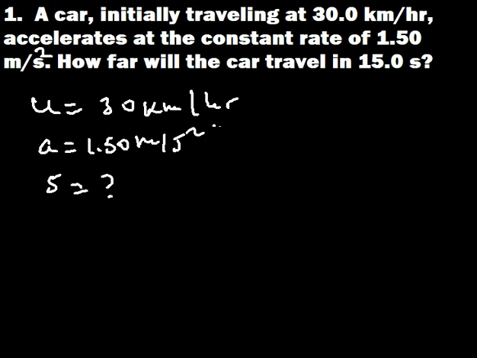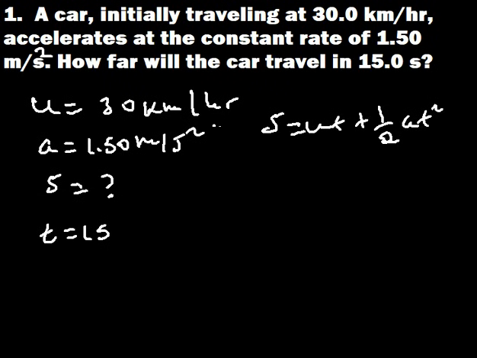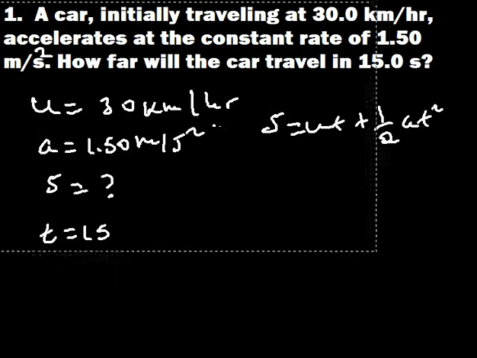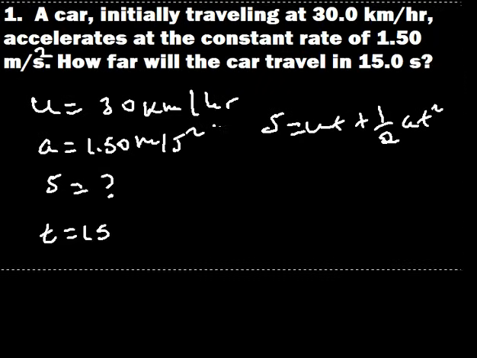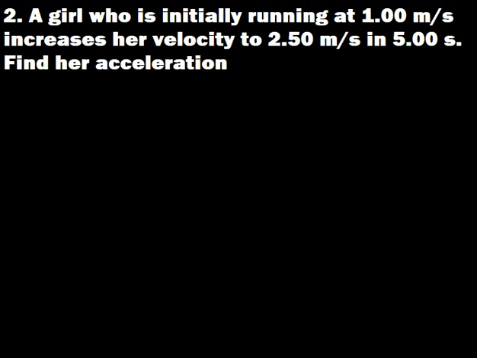So we are looking for the displacement in the time of 15 seconds. On the equations of kinematics, which equation satisfies the given parameters and what we are asked to find? Basically it is the displacement formula, which is ut plus half at squared. So make sure that you are able to identify all the given parameters and interpret what they mean.